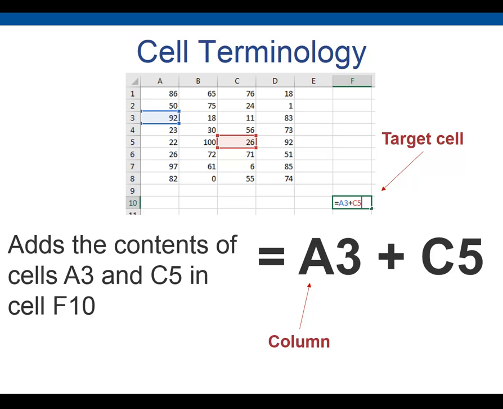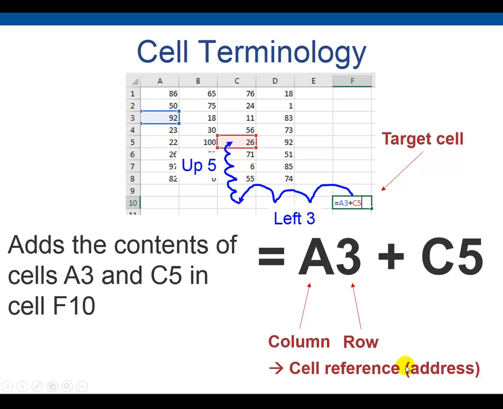A is the column index, and 3 is the row index. This is easy. So you can see this is the target cell, this is the column, and this is the row. We call this A3 the address of the value. So A3 plus C5 are references.